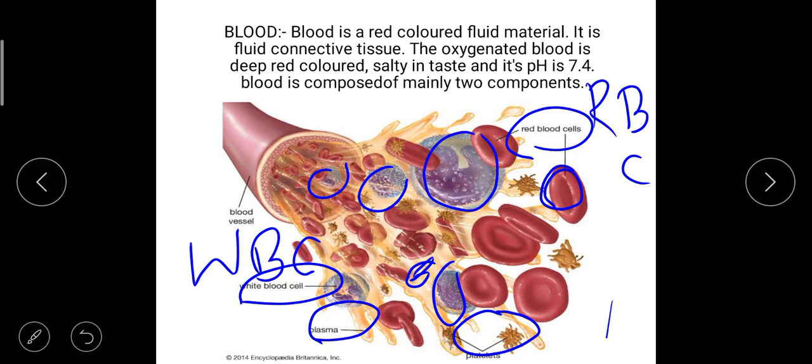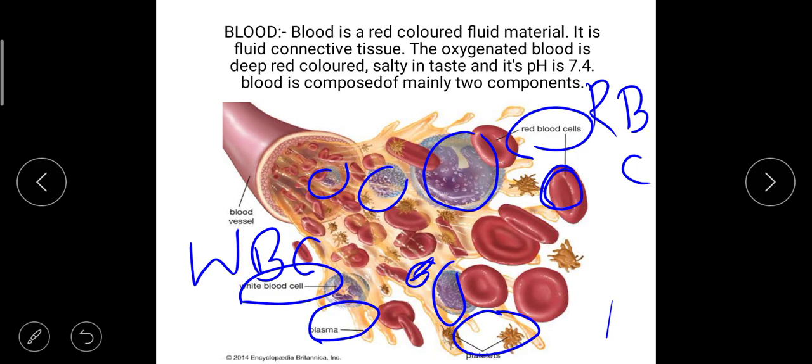Like RBCs, WBCs are also produced in the red bone marrow. WBCs are also known as the soldiers of the blood because they fight against foreign substances which enter the body and cause different types of diseases, for example bacteria and viruses. So WBCs help to strengthen our immune system. These cells attack pathogens and protect us from microbial diseases.